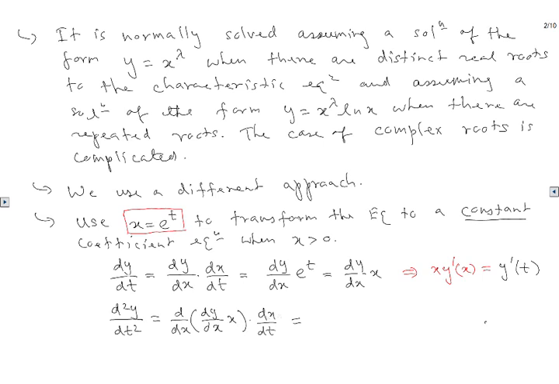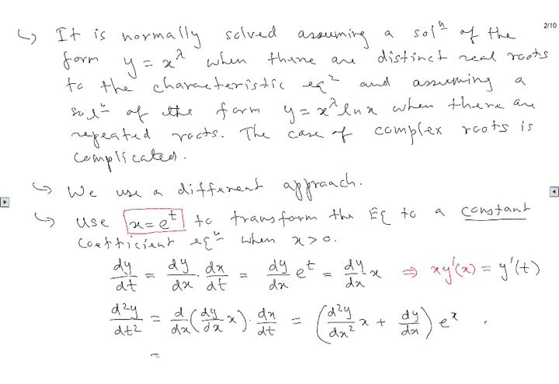If you use the product rule for the first term, you're going to get d squared y over dx squared times x plus dy over dx times the derivative of x with respect to x, which is 1. Then again dx over dt equals e to the t, but e to the t is simply equal to x.